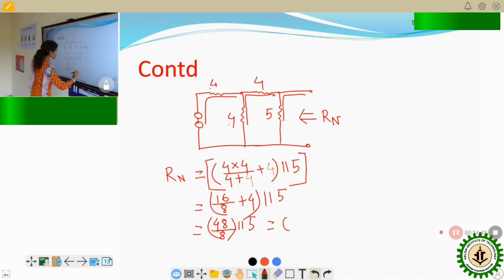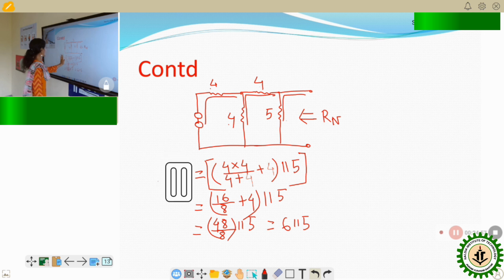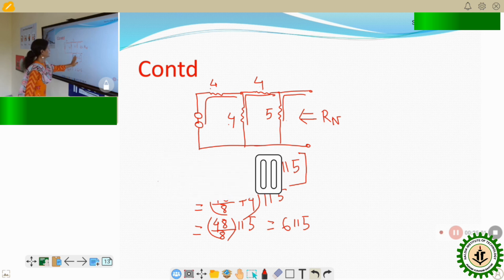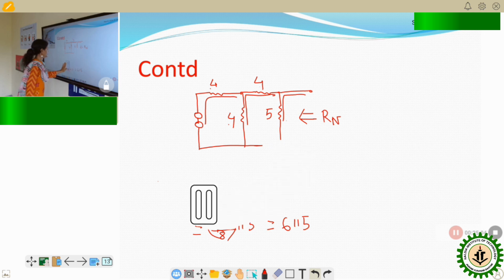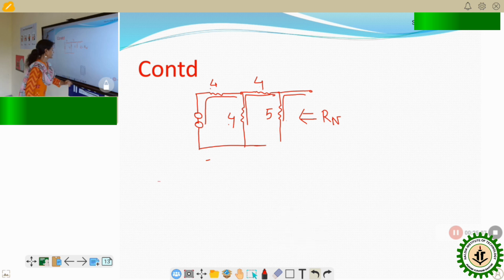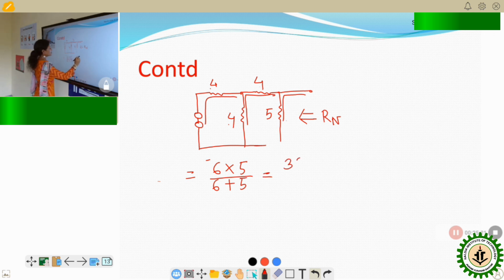So that will be equal to 6 parallel 5, that means 6 into 5 divided by 6 plus 5 will equal 30 by 11, and that will be equal to 2.73 ohm.